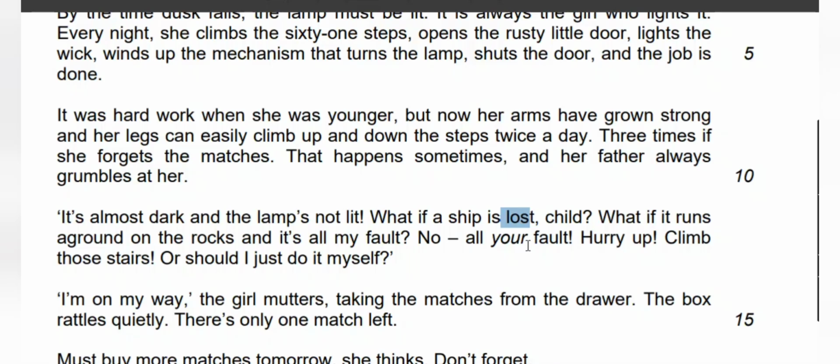And the second one is the ship is destroyed, or even sank, crash, missing, cannot be found. These are two meanings of lost. So the first one is not knowing where to go. And the second one is destroyed or crash, missing, okay?